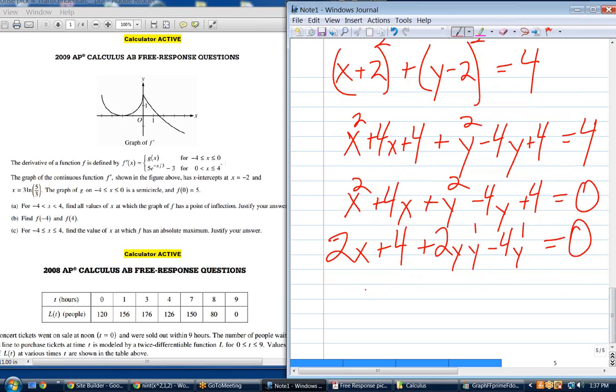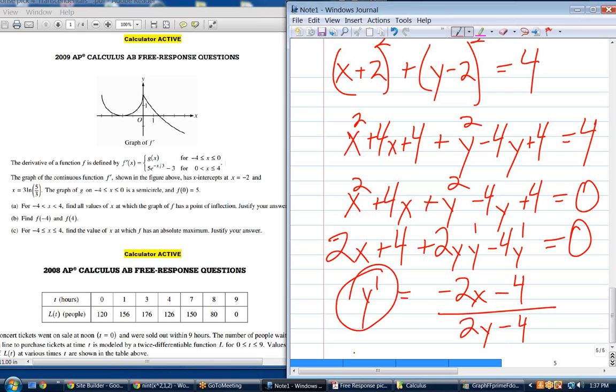I solve that for y prime, I get minus 2x minus 4 divided by 2y minus 4. So this is the second derivative of our original function, at least to the left of the y-axis.